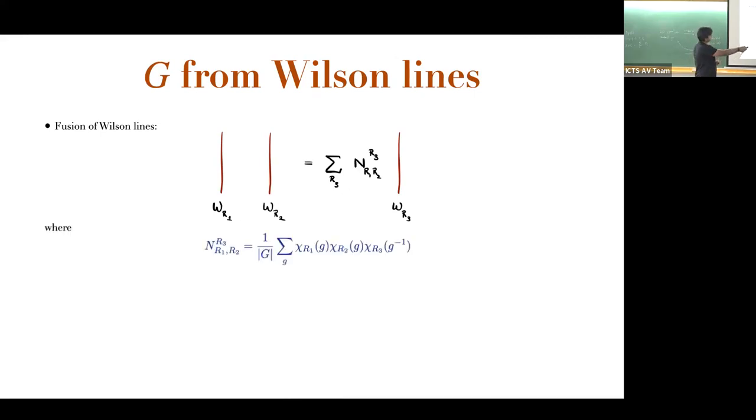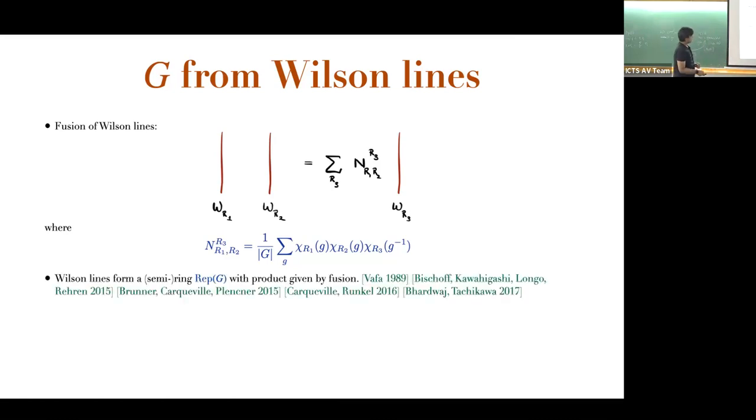And this integer, we know we can fix from the character table. So if we know the characters, we can just write down a Verlinde type formula for the coefficients using the characters. Also, Wilson lines along with this multiplication form a ring, Rep G. So we will call this structure Rep G, involving Wilson lines and this multiplication.